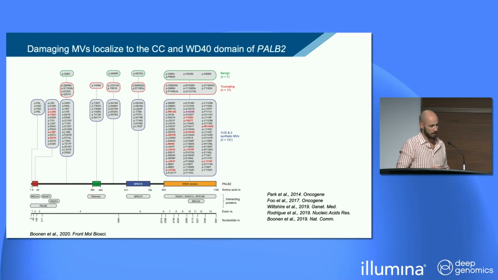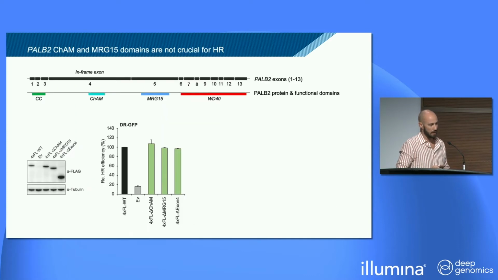Actually, consistent with that, when we take out the entire CAM domain, or the entire MRG15 domain, or the entire exon 4, which is the largest exon of PALB2, we see that it has no effect on PALB2's function in homologous recombination. These deletion variants were all measured with the DR-GFP reporter.